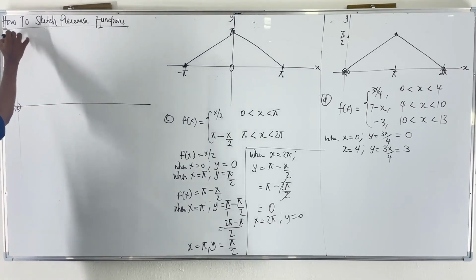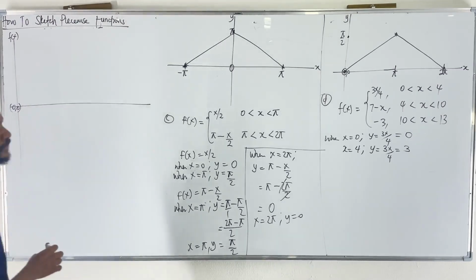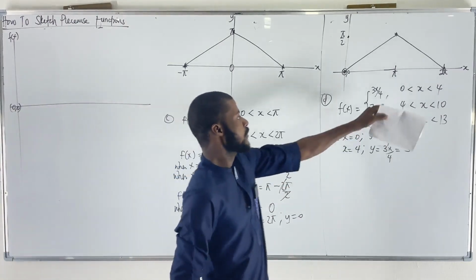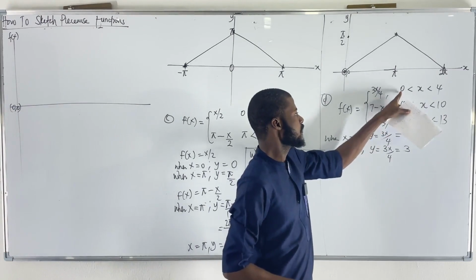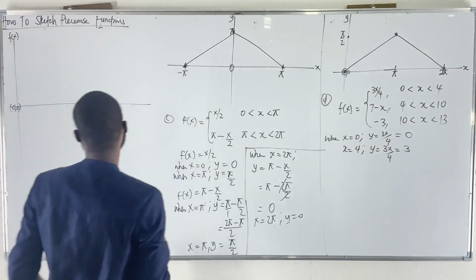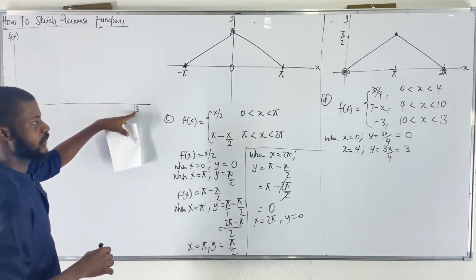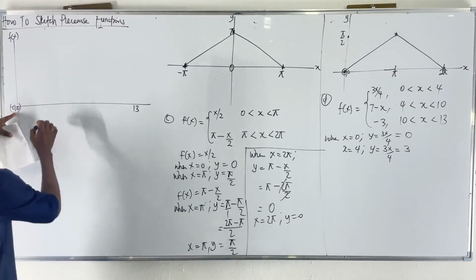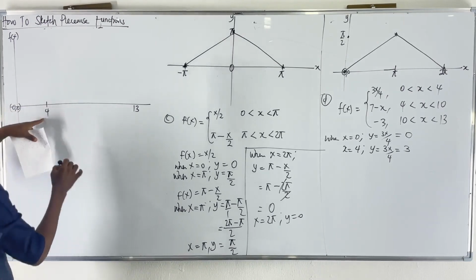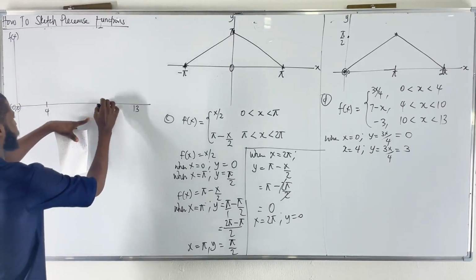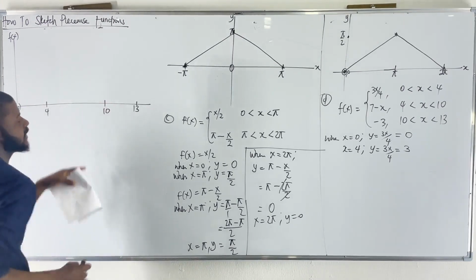So this is f of x. From 0, the equation is from 0 to 13. And from that 0 to 13, we have 0 to 4, and then 4 to 10, and then 10 to 13.